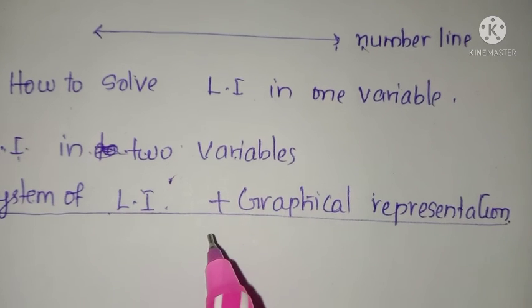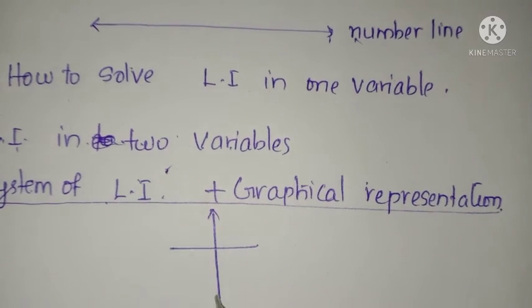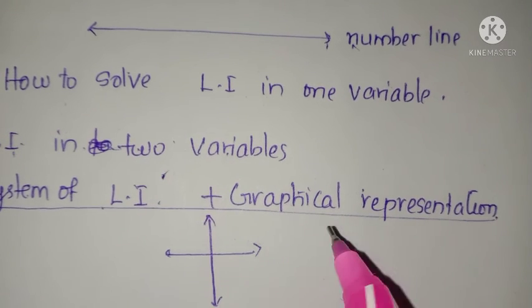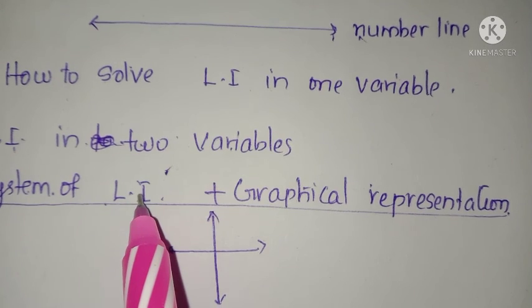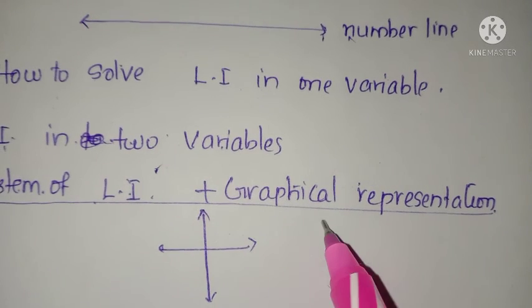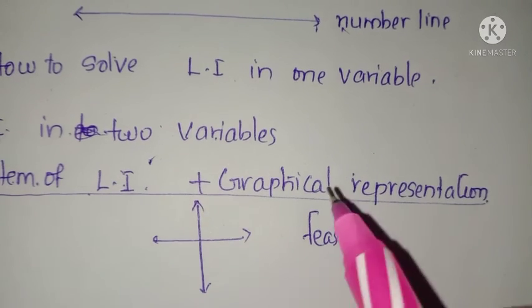Okay. So in the xy plane, you have to draw the x-axis and y-axis, find the equations of lines representing the system of linear inequalities, and find the feasible region. Feasible region means solution region.